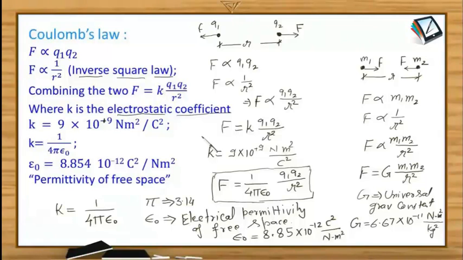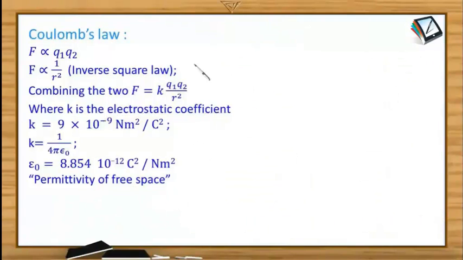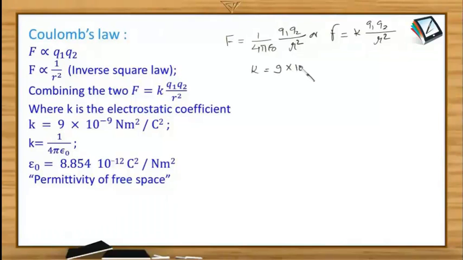There are a few more aspects that I would like to tell you about Coulomb's law. What have we learned so far? The force acting between two charges can be written as F equal to 1 upon 4 pi epsilon naught into Q1 Q2 divided by r square, or simply F is equal to K into Q1 Q2 divided by r square, where K is 9 into 10 raised to the power 9 Newton meter square per Coulomb square.